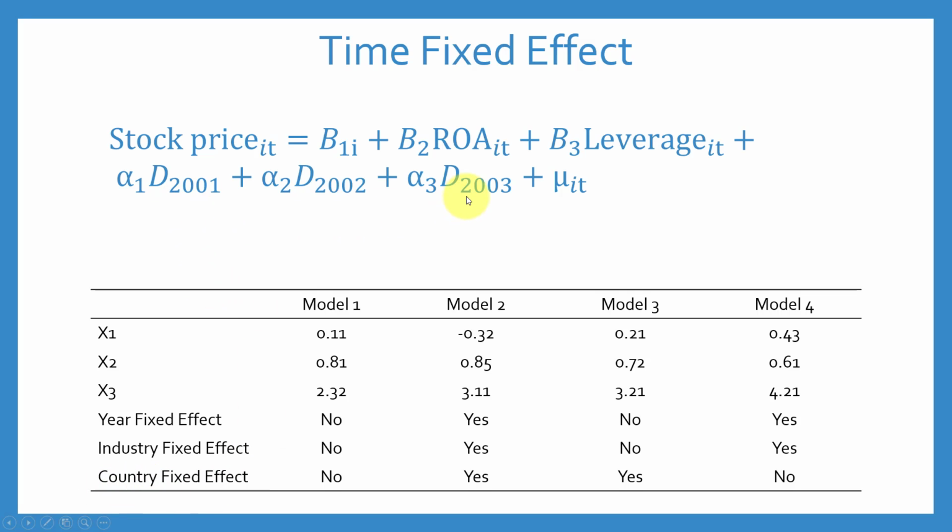So fixed effect means that we introduce a dummy for that specific variable. So a general fixed effect that we have just discussed previously means that we are introducing a dummy for our cross sections, but a year fixed effect or time fixed effect would mean that we are introducing a dummy for each year. If we have 4 years, then we would introduce 3 dummy variables.